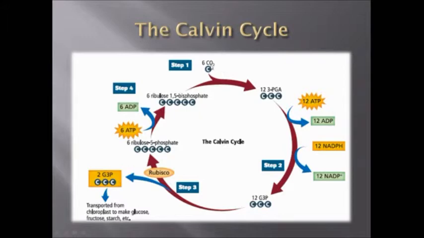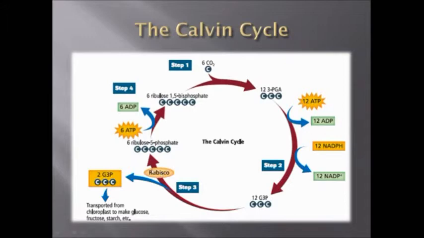What happens is that the chloroplast invests 12 ATP and 12 NADPH, which were created in the electron transport chain, which creates 12 of the G3P molecules, which then can be used, through Rubisco, which is an enzyme.